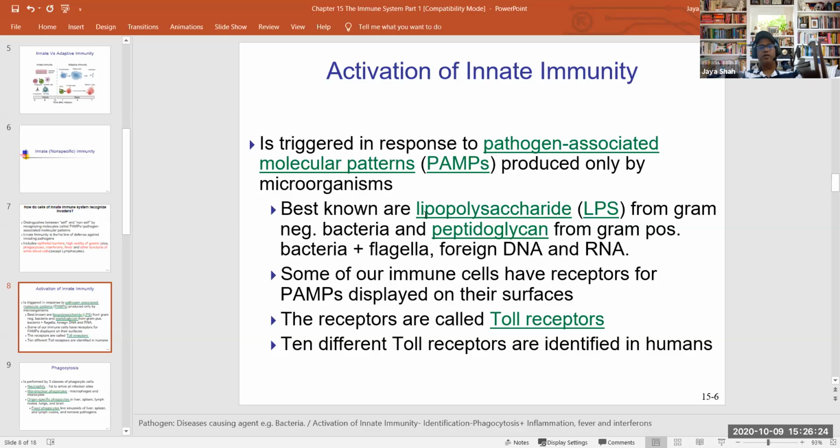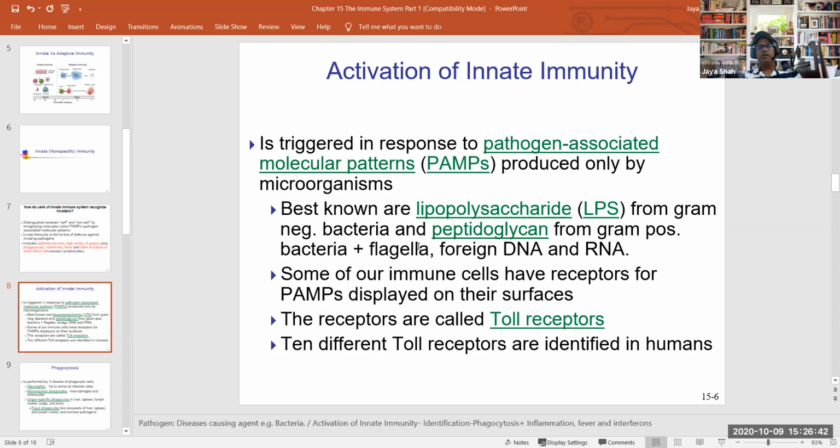They are lipopolysaccharide, LPS, from gram-negative bacteria, and peptidoglycan from gram-positive bacteria.